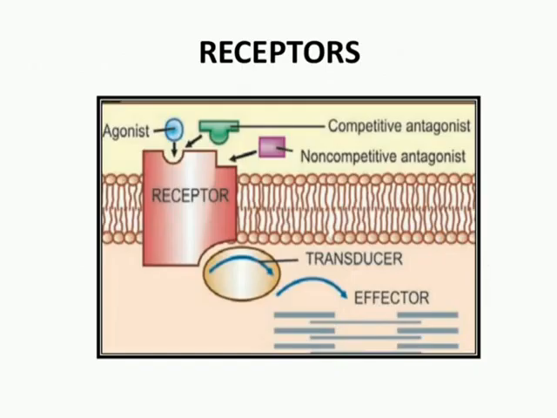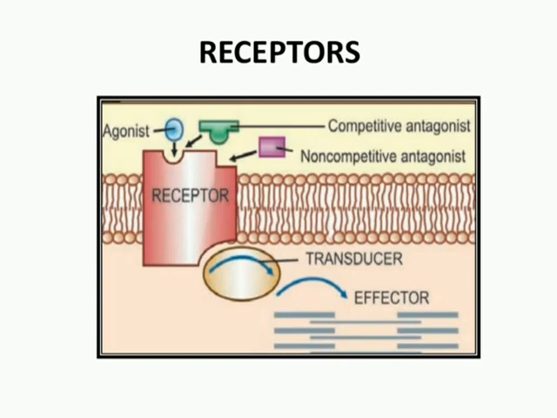Now, the last type is your receptor. Now, there are certain receptors which are present in the human body. If an agonist combines with the receptor, the effect is further produced. Then there are competitive antagonists and non-competitive antagonists, as you can see in this particular image. So, a competitive antagonist basically combines to the same site where the agonist has to combine, and they both compete.